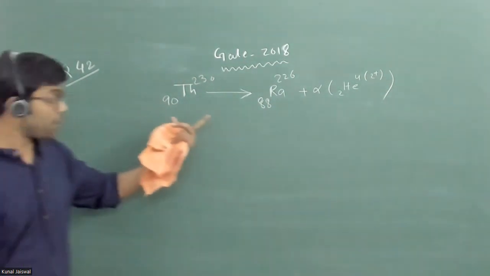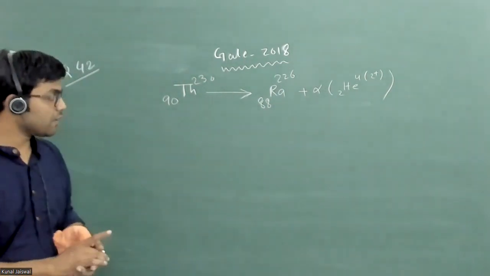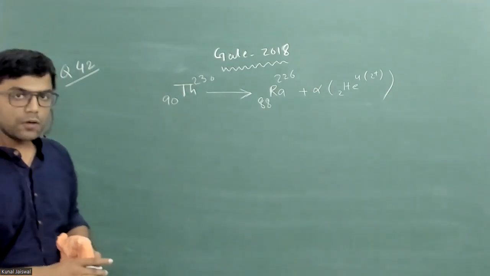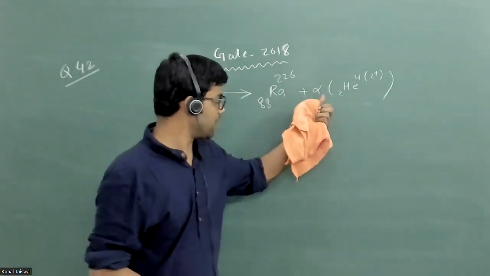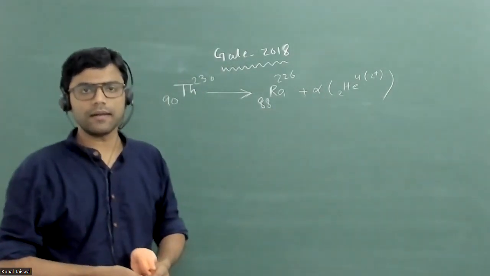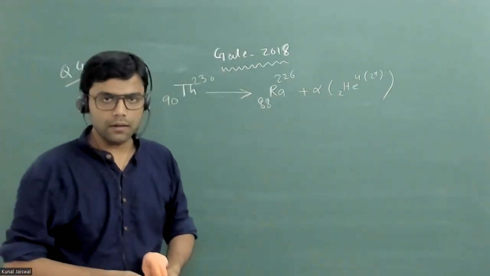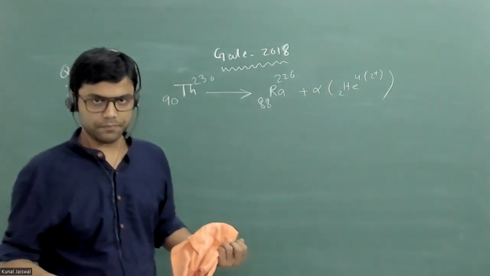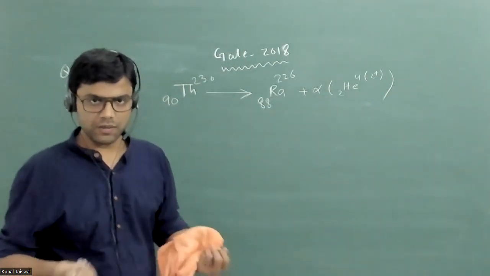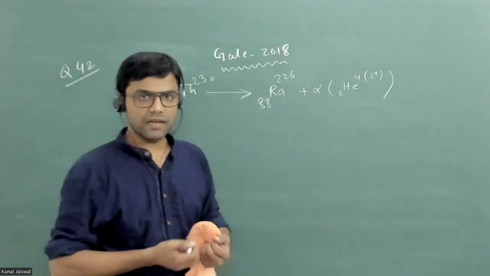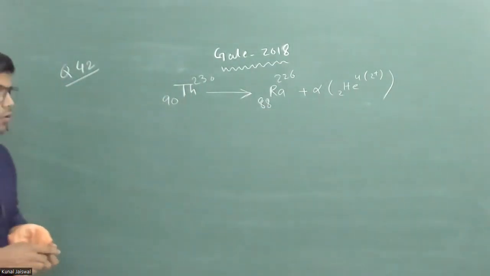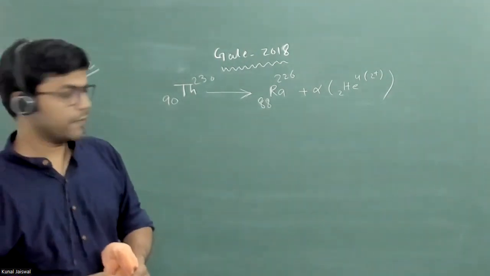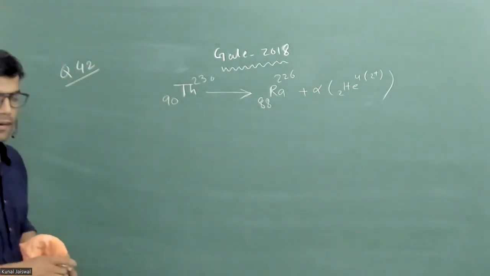So this decay process is mentioned, and also it is mentioned that beyond the separation between the radium nucleus and the alpha particle, only a purely Coulombic potential exists. So basically you have to calculate the Coulombic barrier height.